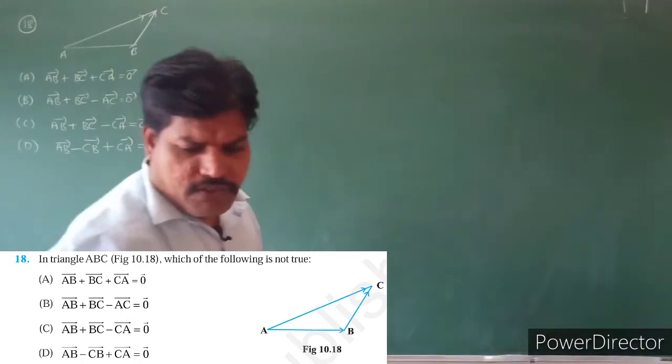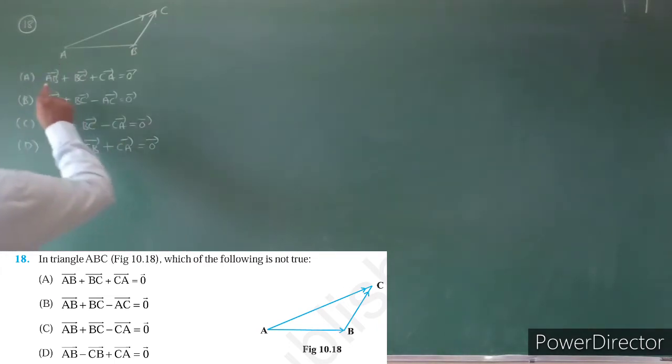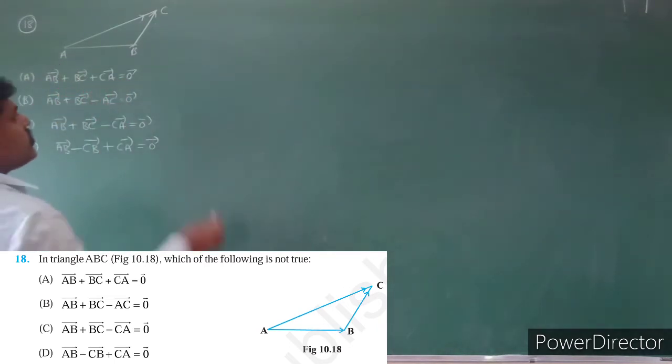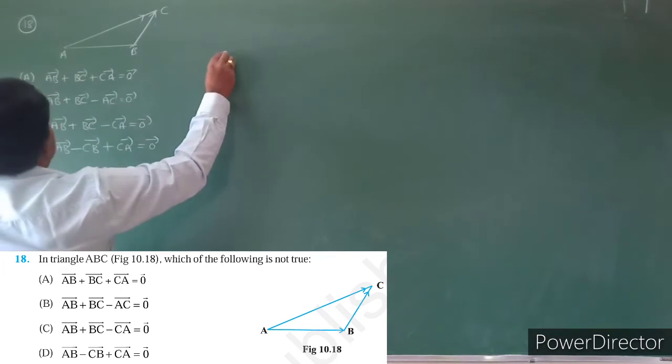See the first condition. What is the first condition? AB plus BC plus CA is equal to 0, yes or no?